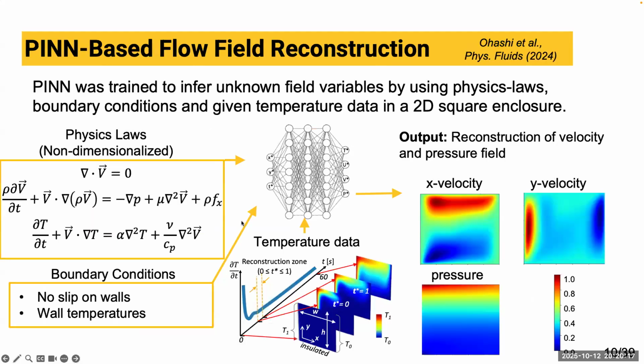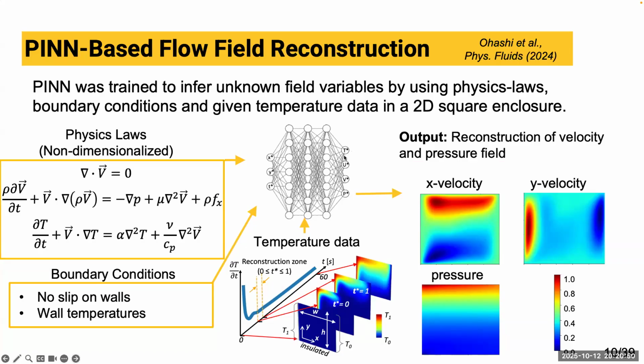All right. So in this work, we train the PINN in this way. The PINN takes x, y spatial and t temporal coordinates as input, and it outputs temperature, x-y velocity, and pressure fields. At the beginning, of course, the model will predict very randomly, but you can train the model to produce reasonable outputs.